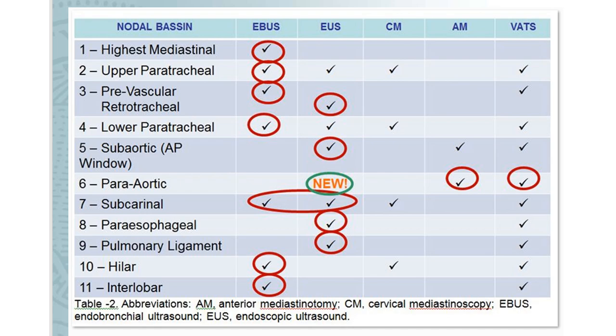And station 7, 8, 9, and structures below the diaphragm like the liver, celiac axis, and bilateral adrenal glands can be accessed by EUS. 4R can be challenging due to intervening trachea in small lymph nodes, which are less than 5 millimeter with EUS, but can be accessed in most cases when they are enlarged. So with the combination of this, you can get to most stations in the thorax as well as the structures below the diaphragm.